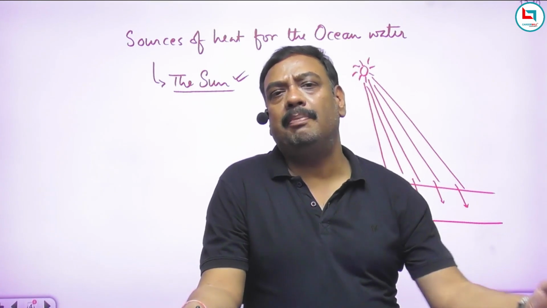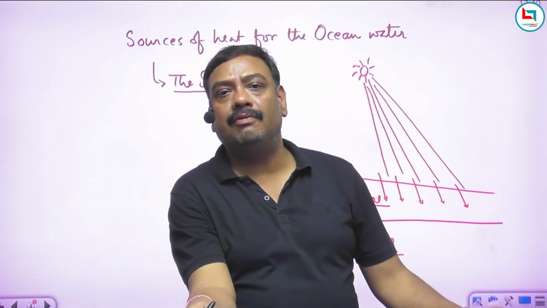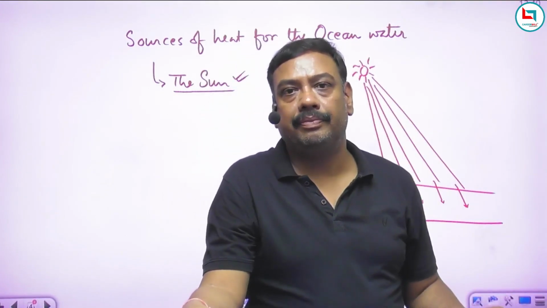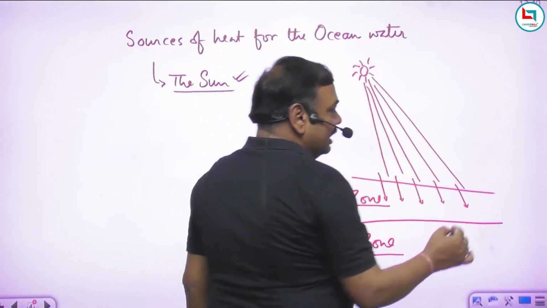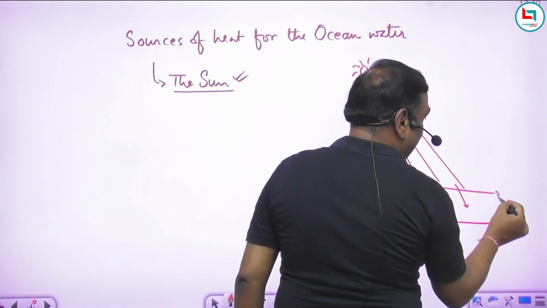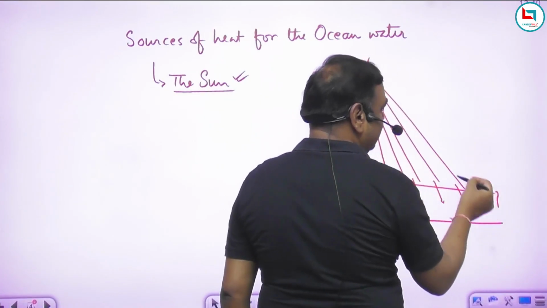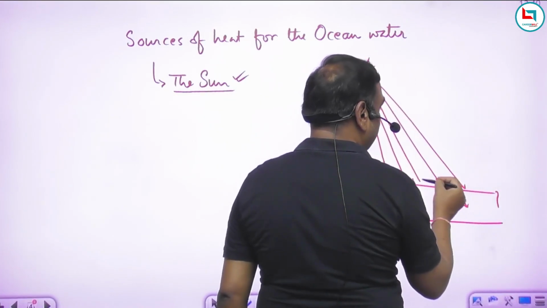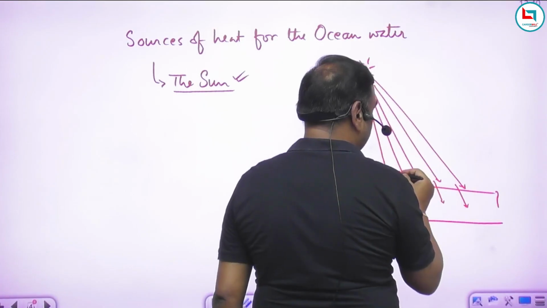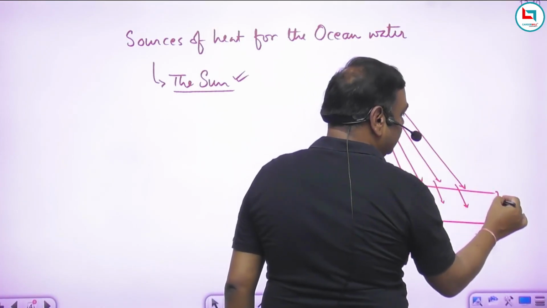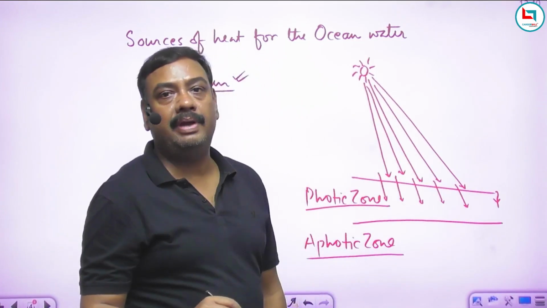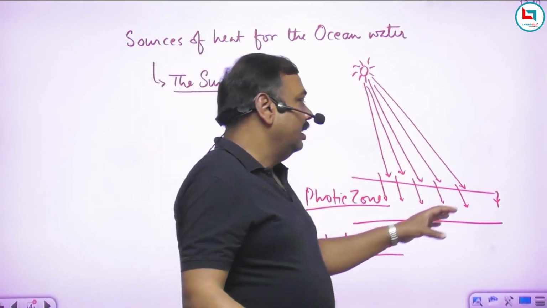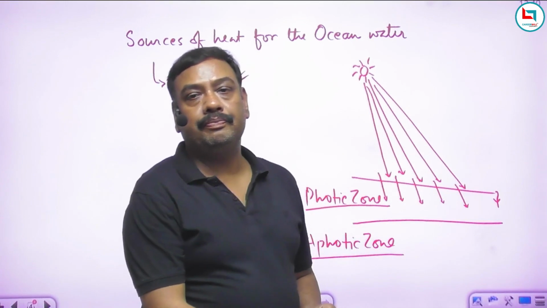In the liquid medium, particularly on the earth surface, we have to discuss water. Got it? So by convection, the heat which is absorbed here at the surface through these radiations is distributed further below the surface, and so the region below the surface gets heated up.